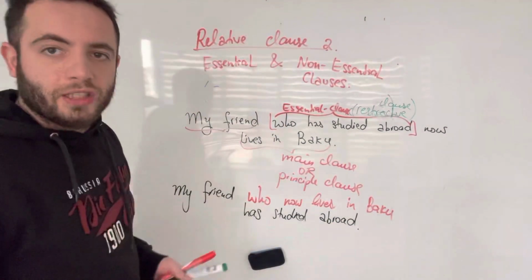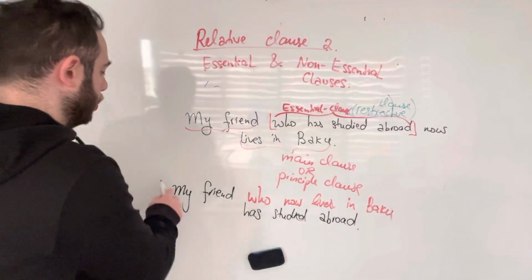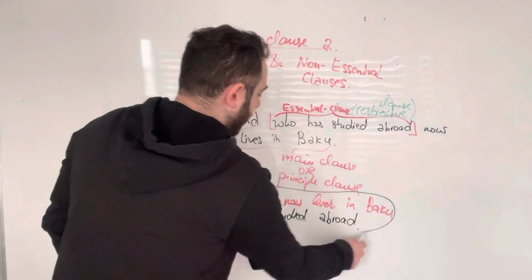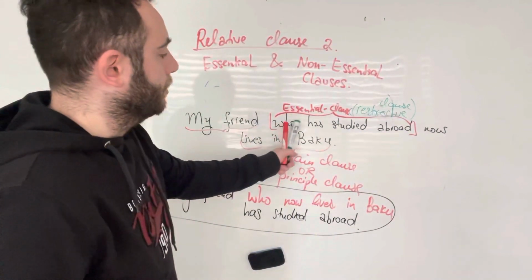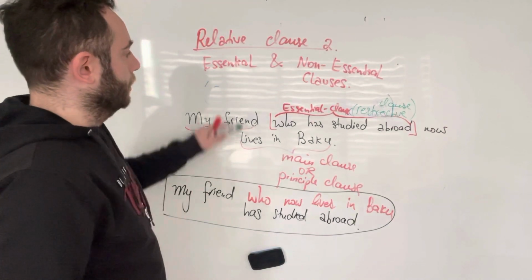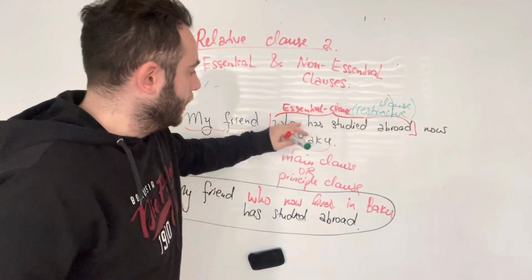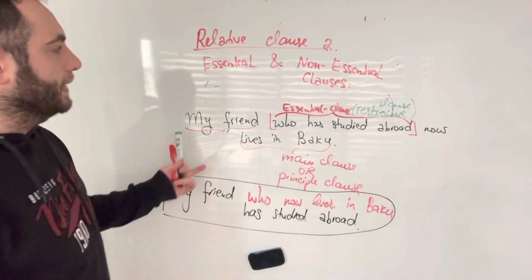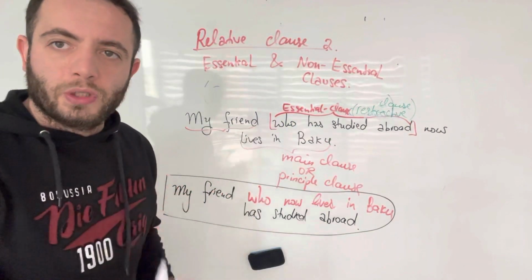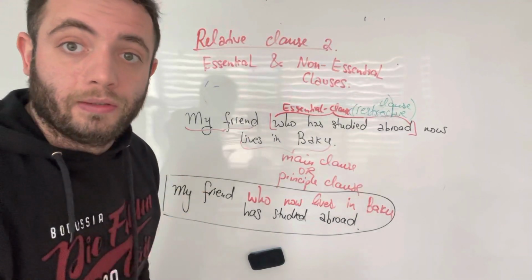So in this case we can make this shift. This is when the information here is so important, and in this case we call it an essential clause or restrictive clause and keep the sentence like this. So this is the brief definition of an essential clause in a sentence.